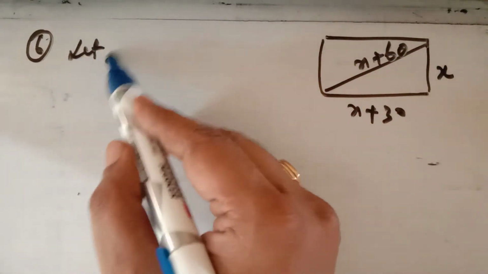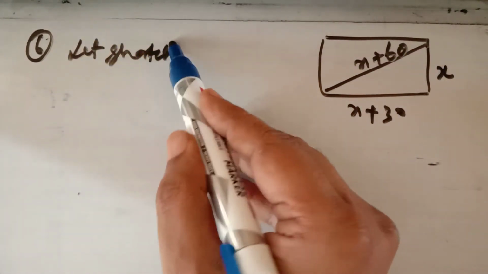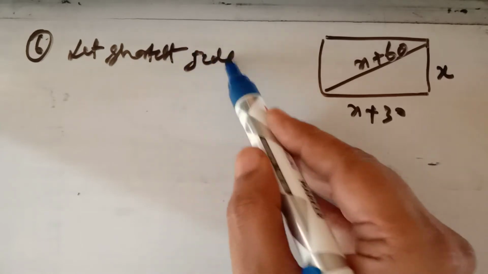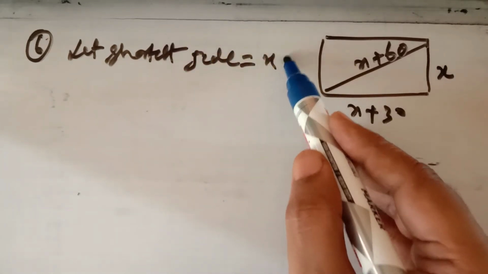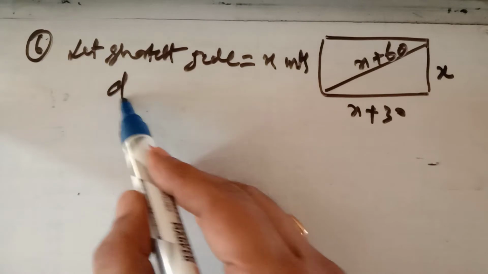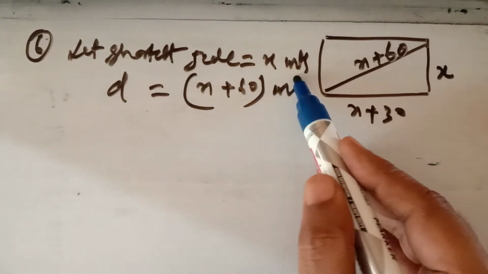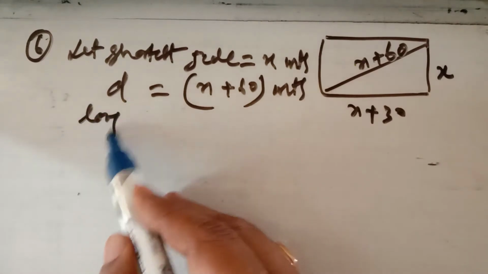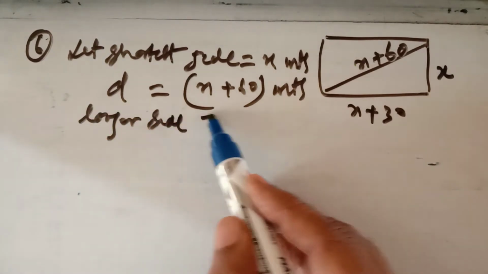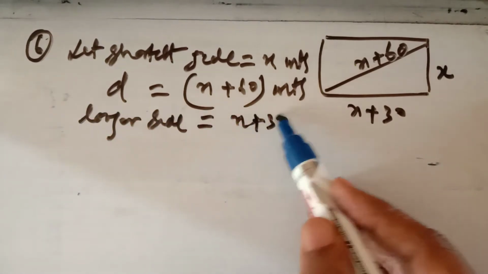So let us call the shortest side X meters. The diagonal is 60 more than the shortest side, and the longer side is 30 more than the shortest side.